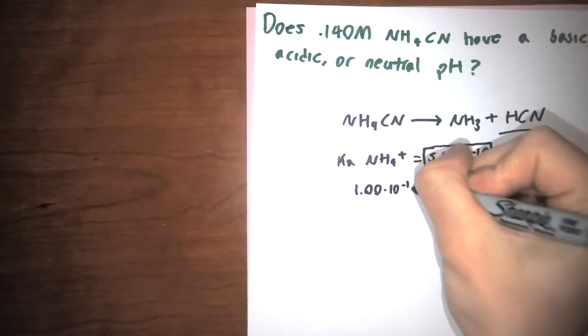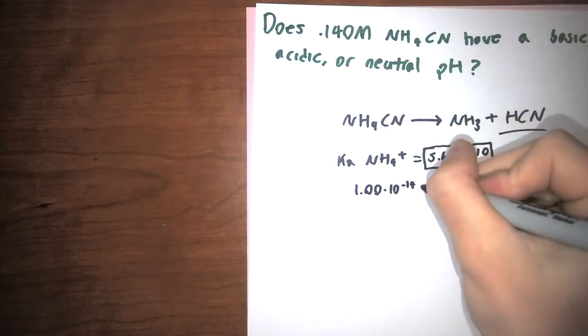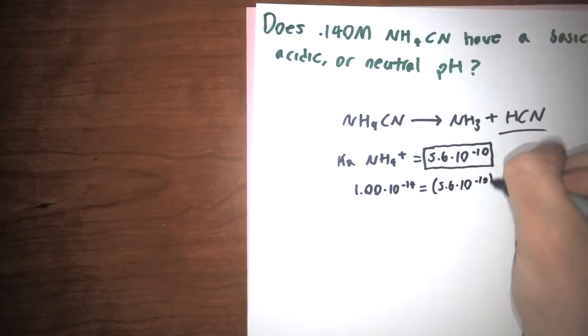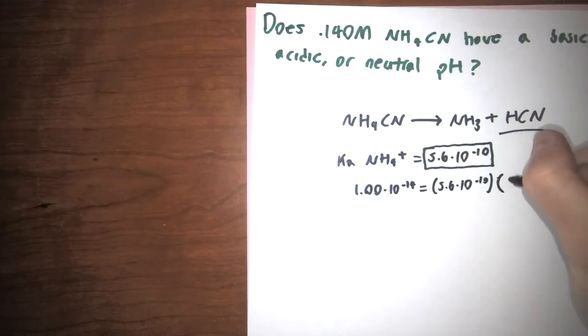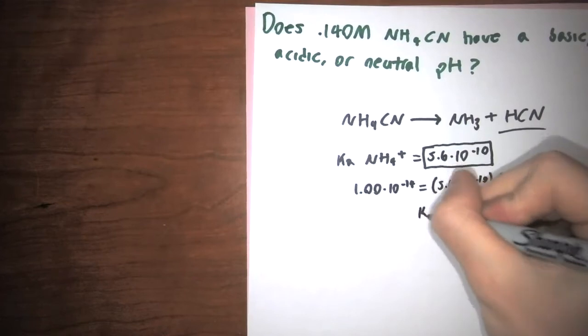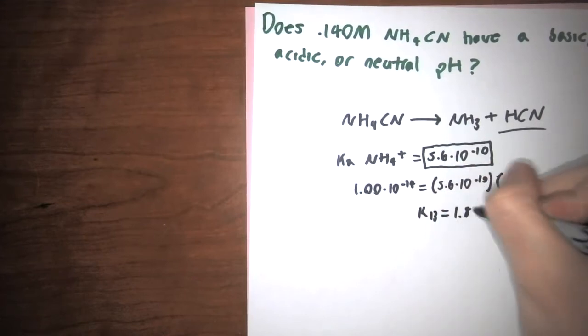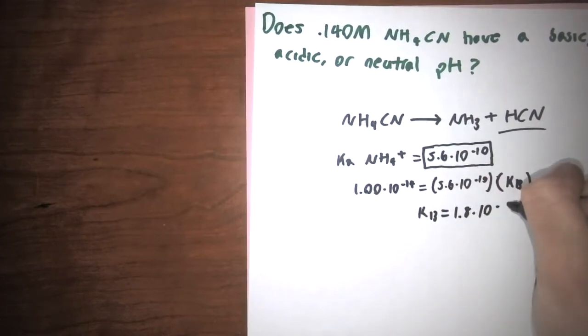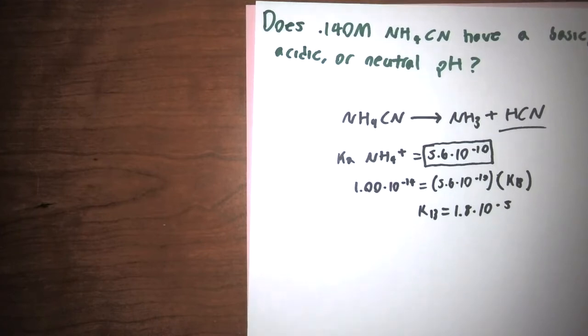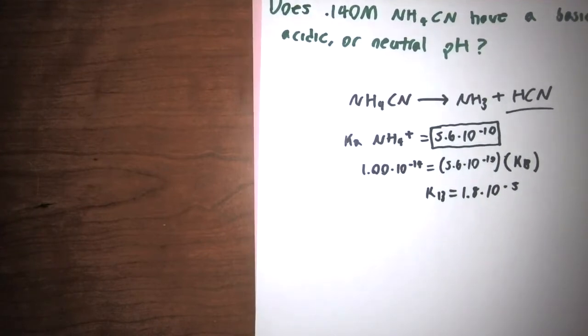Again, use Kw. 1.00 times 10 raised to the negative 14th is equal to 5.6 times 10 raised to the negative 10 times Kb. Kb is equal to 1.8 times 10 raised to the negative 5th. If you ran the Kb, it's good, but we need to look at Ka, and I'll explain why when I get to the second part.